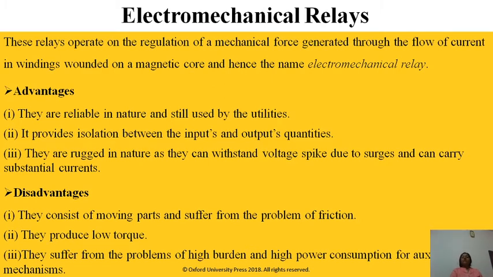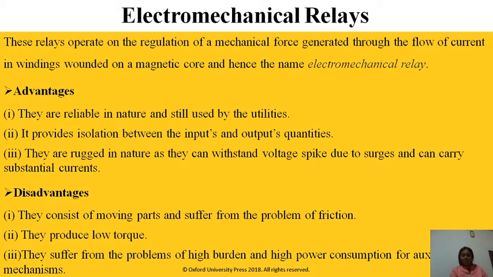Now coming to our next point, that is electromechanical relay. We are starting from this. These are the older relays which we were using earlier. Nowadays in some applications we are still using them. In your minor project you have used these electromechanical or attracted armature relays, which we will see later on.